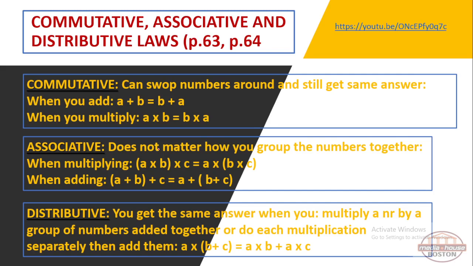Even if, instead of saying 4 times 3 first, I say 3 times 2 first and then multiply by 4, 3 times 2 gives you 6, and 6 times 4 gives you 24. So you can still do this as long as all the numbers are being multiplied.